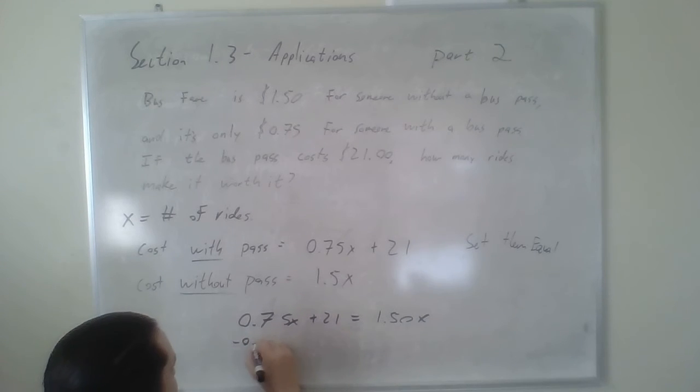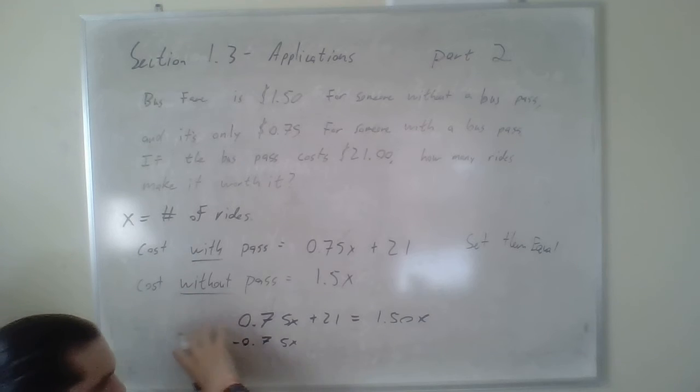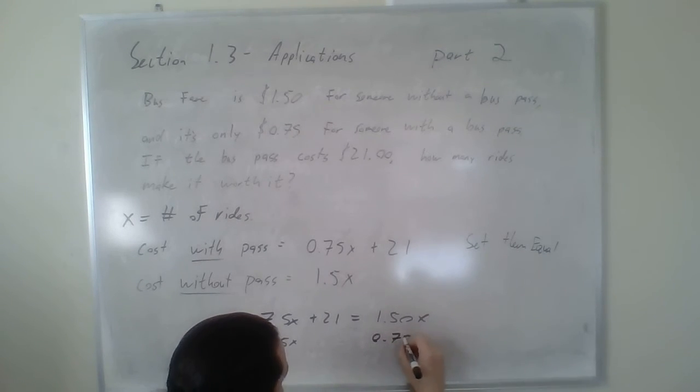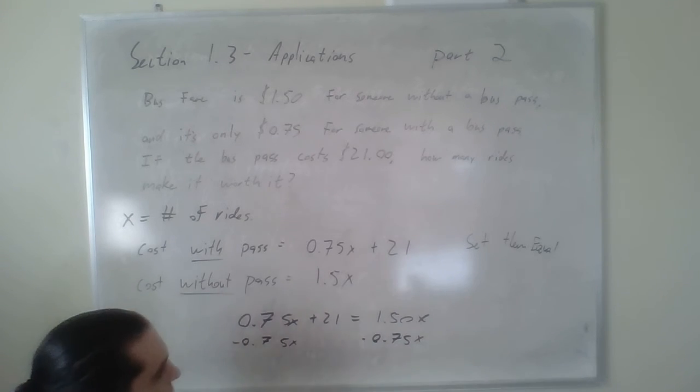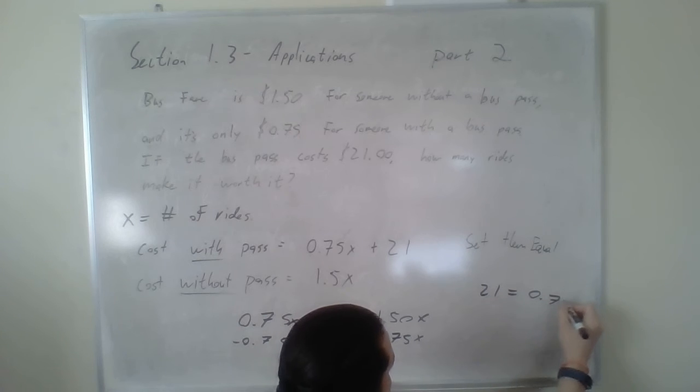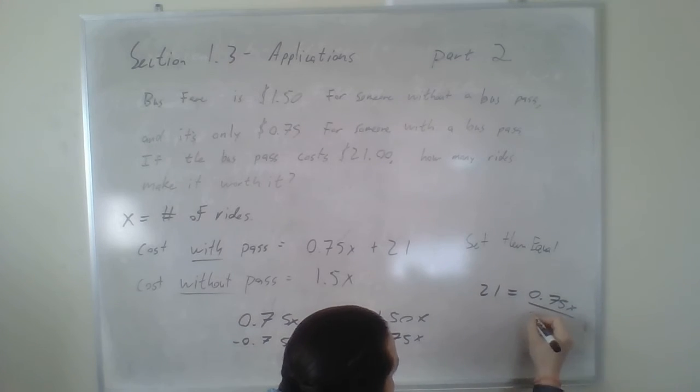I'm going to subtract 0.75x from both sides because this is the point where I just have a linear equation and I just need to do some math at it. So I'm subtracting these and I'm left with 21 equals 0.75x. And now I just need to divide by 0.75.